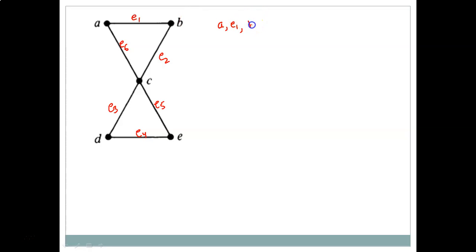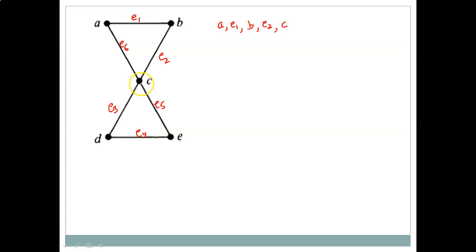So I'm writing B here. Now from B, suppose we further traverse along the edge E2. So I write here E2. Now along the edge E2 when we are traversing, we can have this vertex C. So I should write here C.